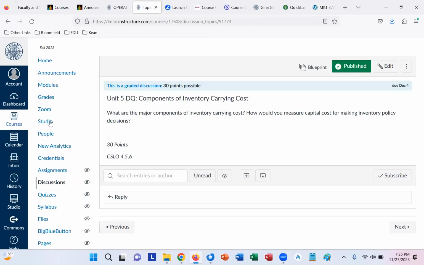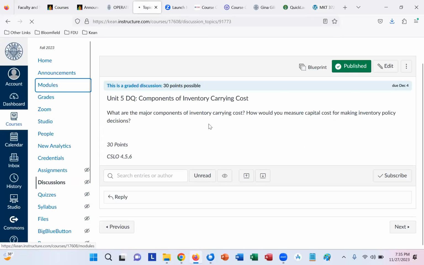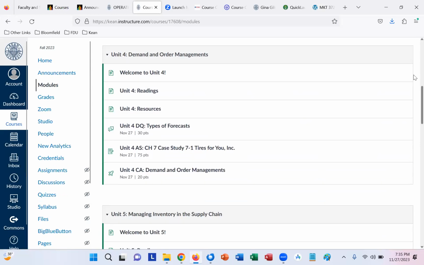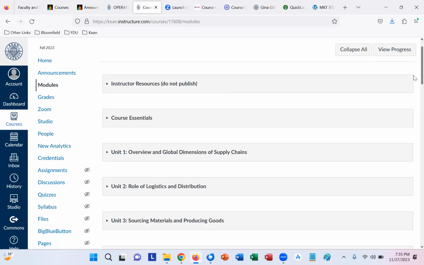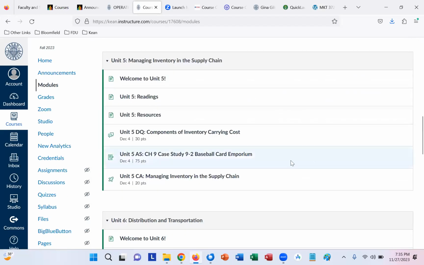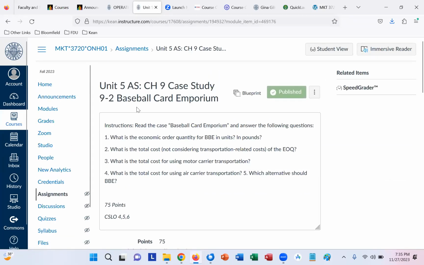Another issue that has popped up within the first 4 units that a lot of you have not figured out yet is that there are, for each of these case studies, questions right here associated on Canvas that you should be answering instead of the questions in the textbook.